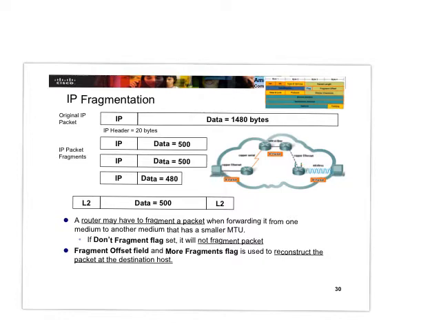That's another important concept. Once you fragment, you do not defragment. Why? Because you can defragment and then the next medium will force you to fragment again. So it's more efficient: once you're forced to fragment, that's fine, but do not defragment until the very end router. Once you defragment, you go straight to the end host, and you don't have to do fragmentation again.